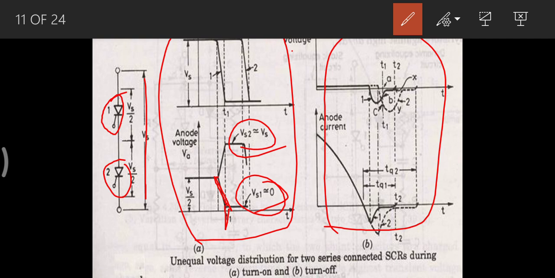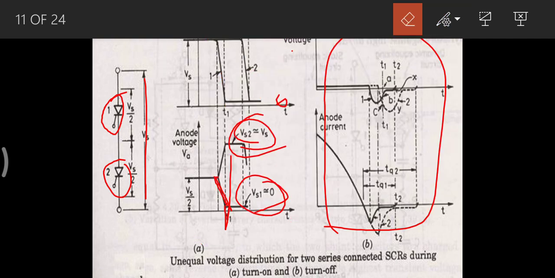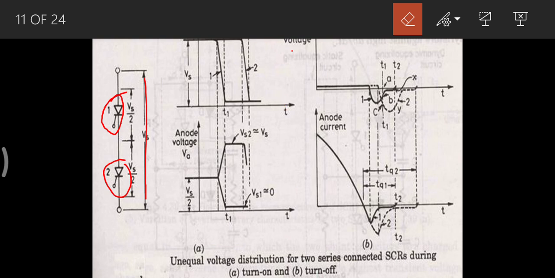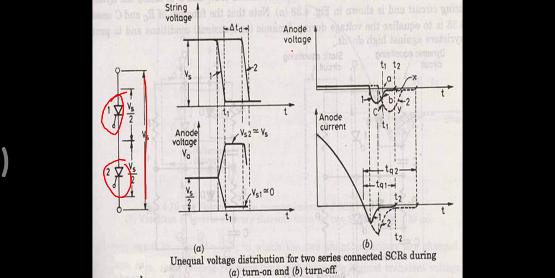So if you observe here, the dynamic characteristics are also different. At T1 the SCR1 will be turned on and has a voltage of 0, while SCR2 will not be turned on at T1. So if you see the diagram, the switching characteristics will be different. Let us see how these are different.